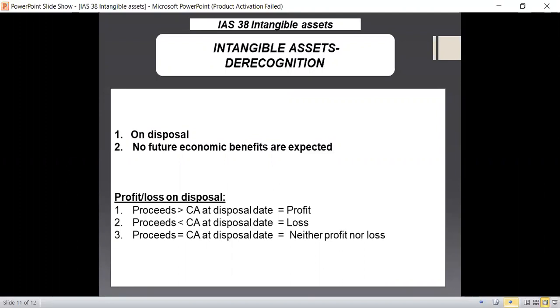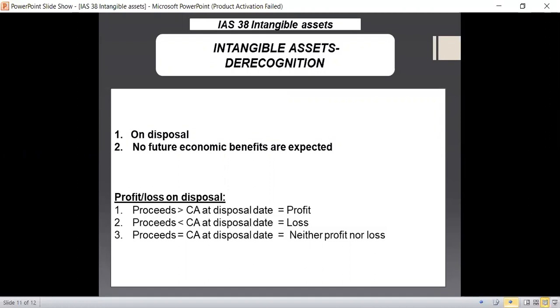The gain or loss on disposal has to be recognized in our SOPL. If the proceeds which we are receiving by selling the intangible asset are more than the carrying value of the intangible asset at the disposal date, then it's a profit.